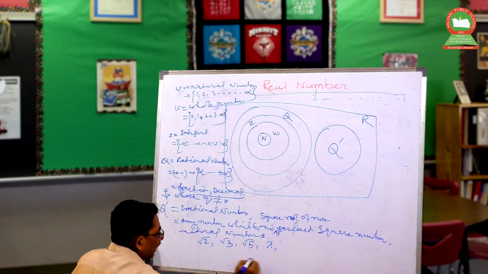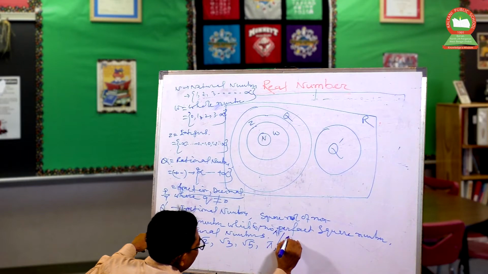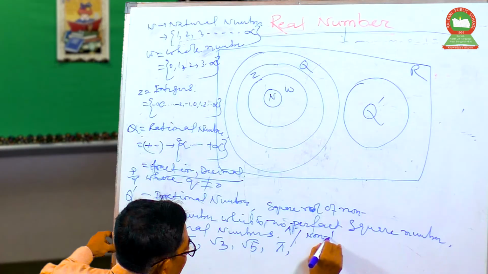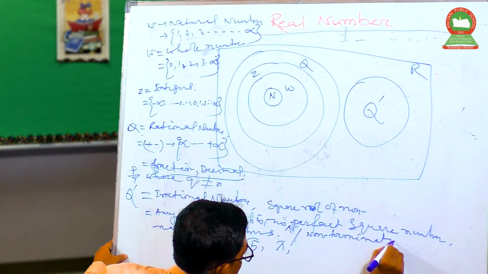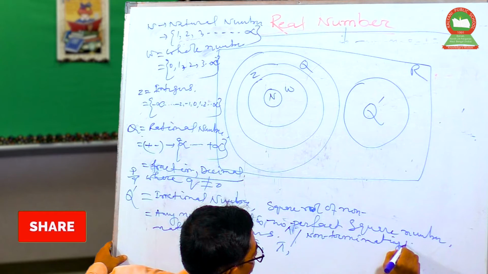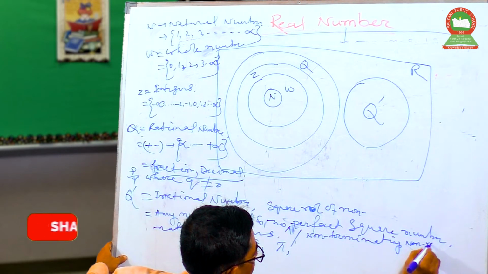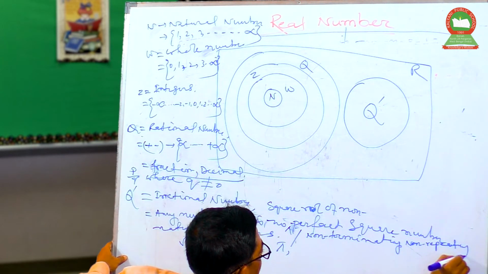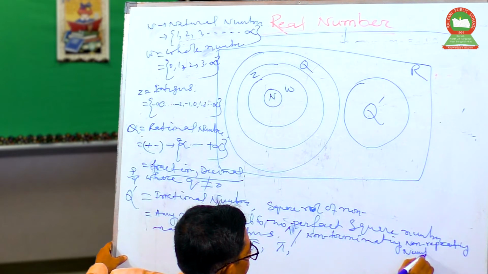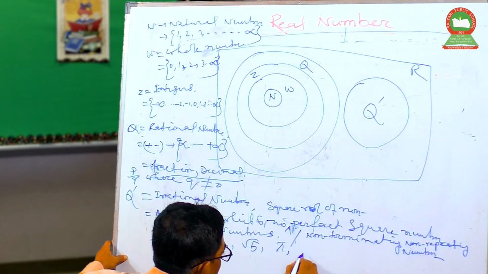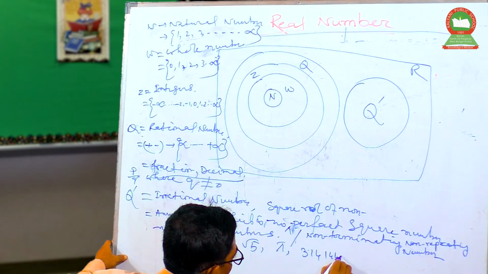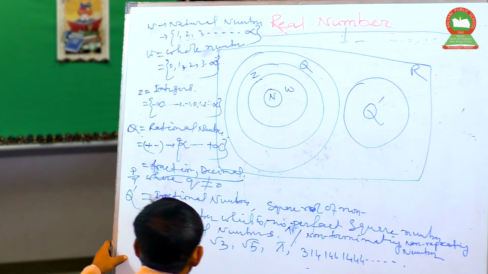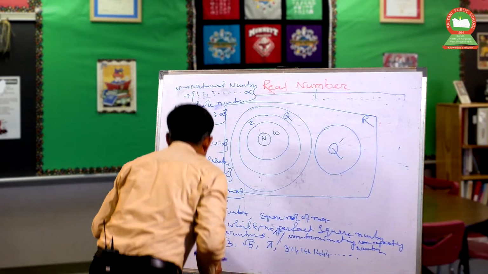Another term is non-terminating and non-repeating number, like 3.141441444. So these are irrational numbers.